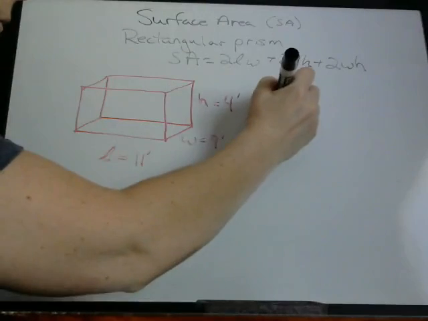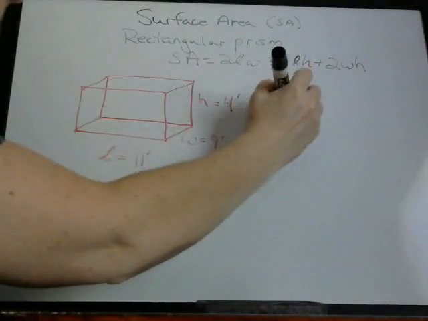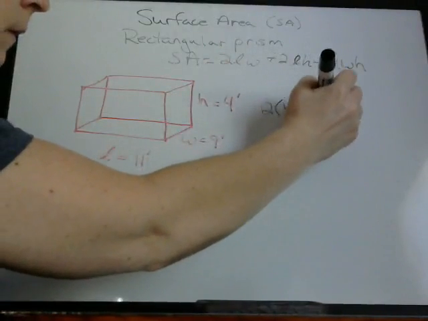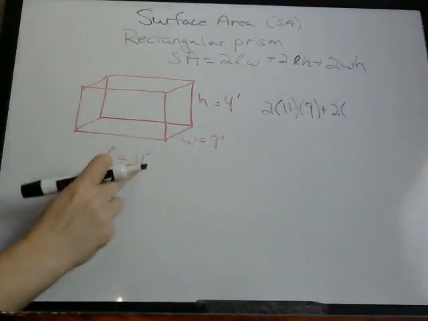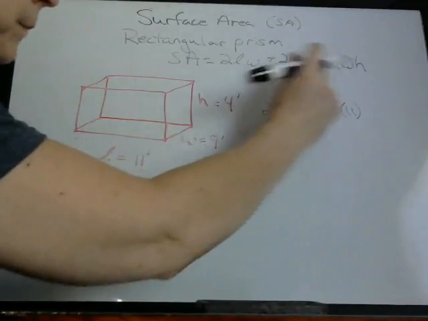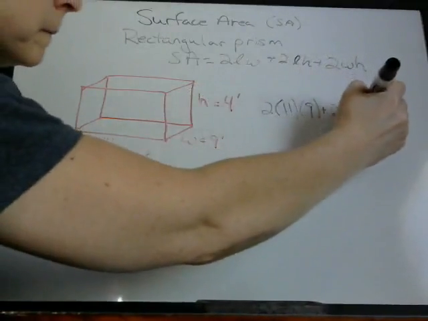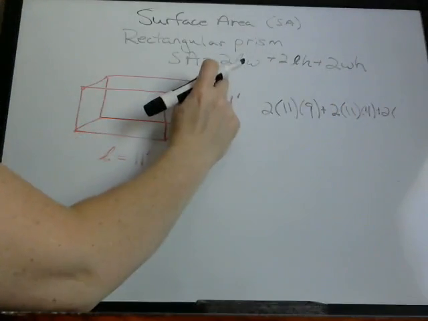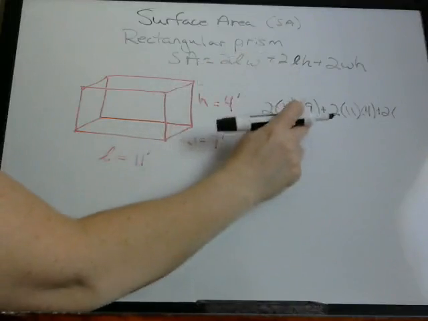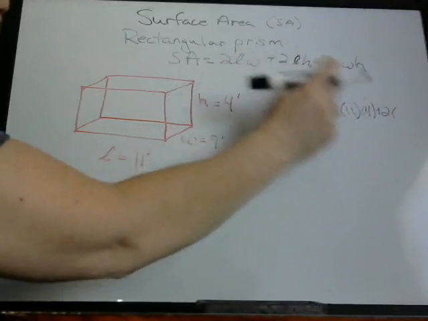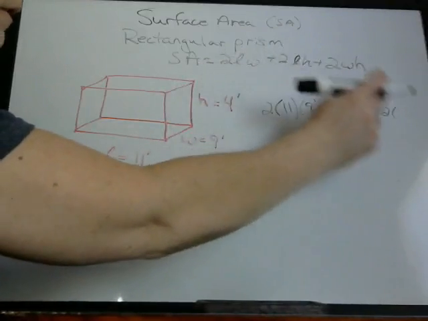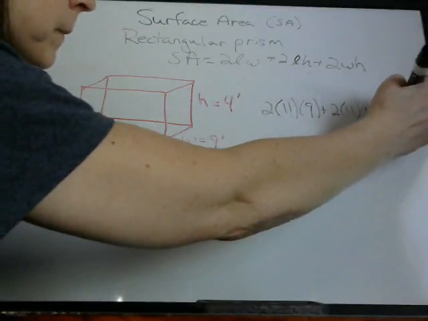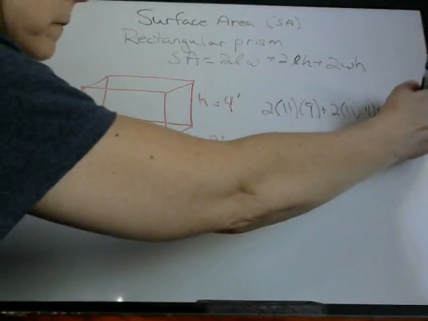So we say 2 times the length, 11, times the width, 9, plus 2 times the length, 11, times the height, 4, plus 2 times the width, which is 9, times the height, which is 4.